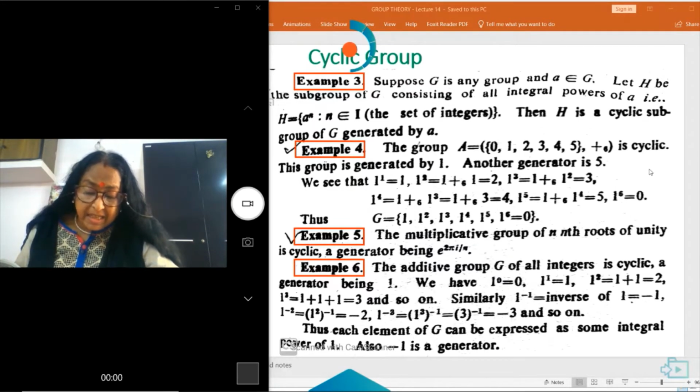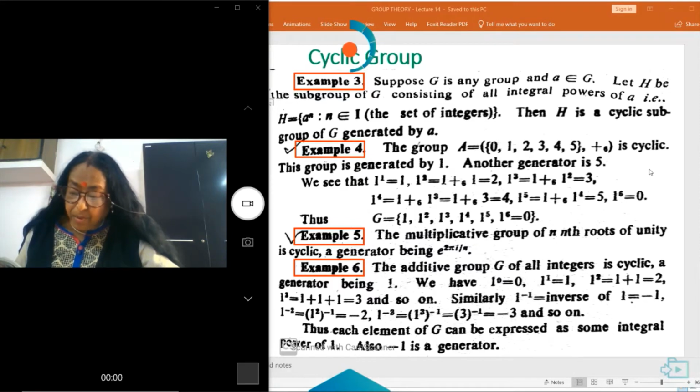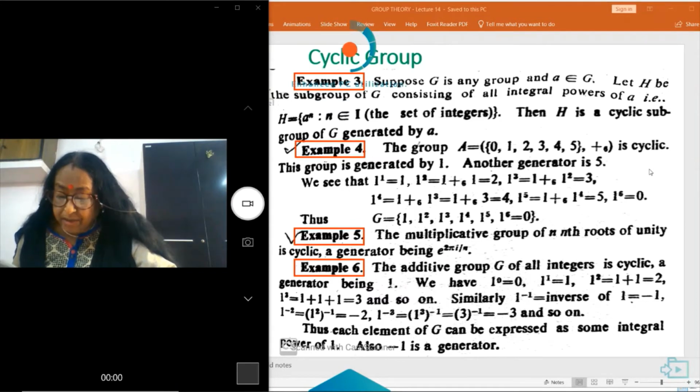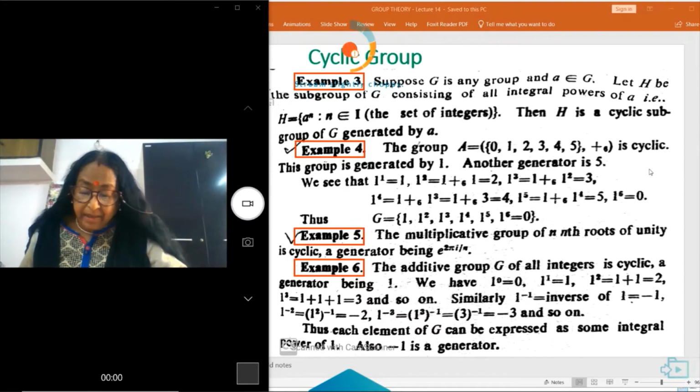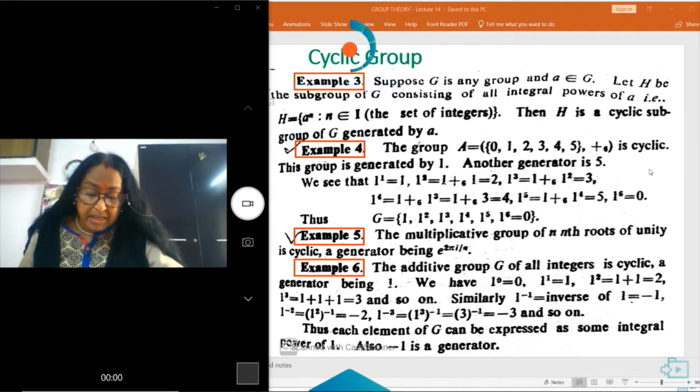Then H is a cyclic subgroup of G generated by a.